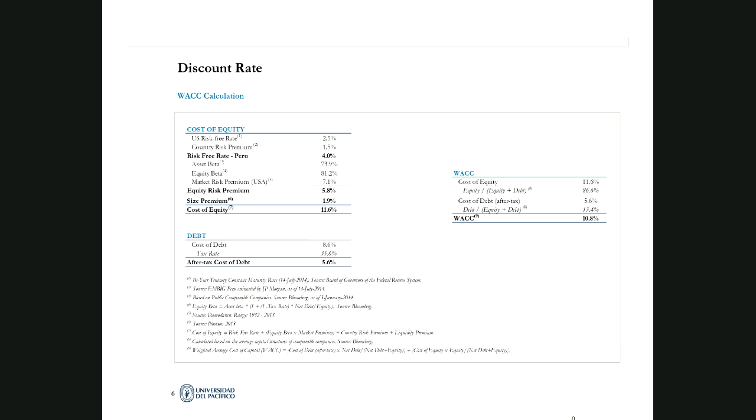You can discuss with them how you come up with the WACC if they have a very different view. In reality, if you have all the required backup and analysis behind, you should be able to respond and explain very well how you come up with a range of value.